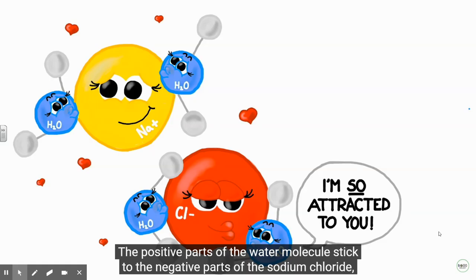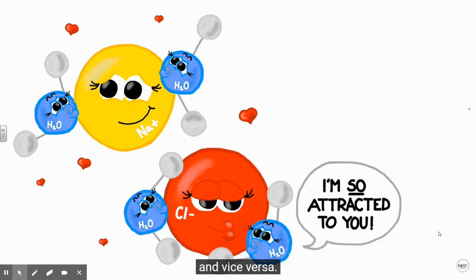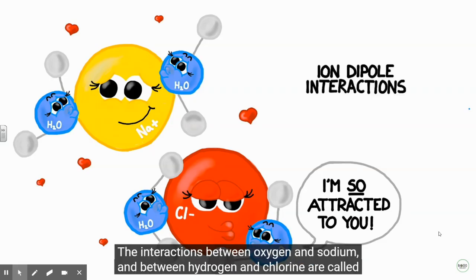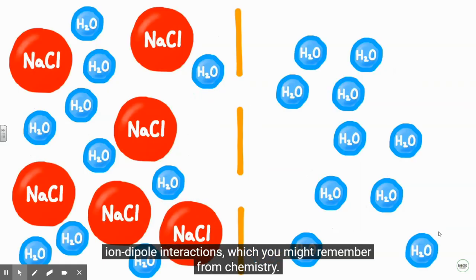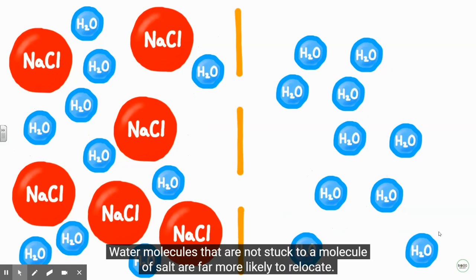The positive parts of the water molecule stick to the negative parts of the sodium chloride, and vice versa. The interactions between oxygen and sodium and between hydrogen and chlorine are called ion-dipole interactions, which you might remember from chemistry. Water molecules that are not stuck to a molecule of salt are far more likely to relocate.